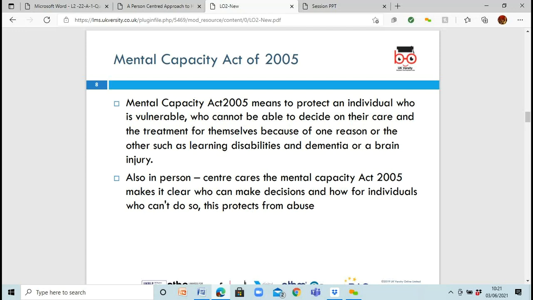But if there's a case where the individual can't make a decision about their care because of, say, dementia, and then the family members are not looking after the best interest, there will be an advocate, somebody will be put in charge of their care who will work towards making sure that that person gets the highest quality of care that will meet their needs. So this act is fantastic, to be honest. It's there put in place to make sure that everyone is getting treated the way they need to be.